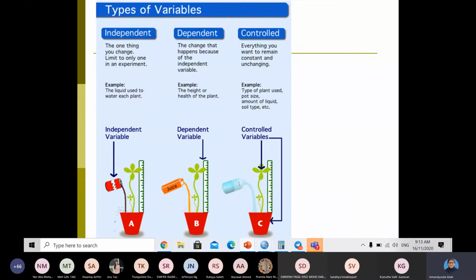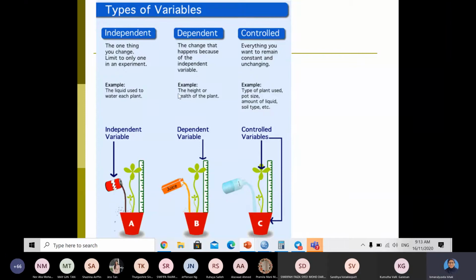So this is another way to explain what is independent and dependent. The independent is the one thing you change, limited to only one in an experiment. The dependent is the change that happens because of the independent variable.